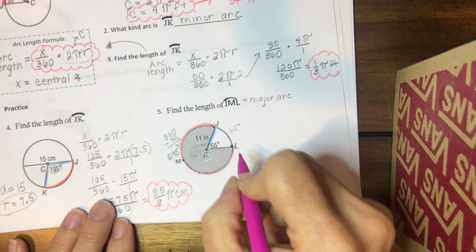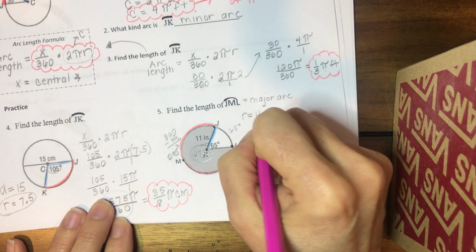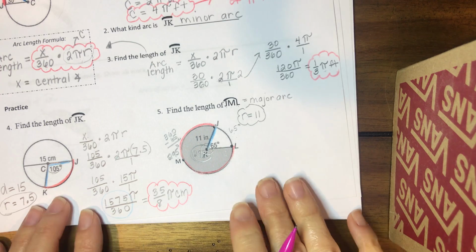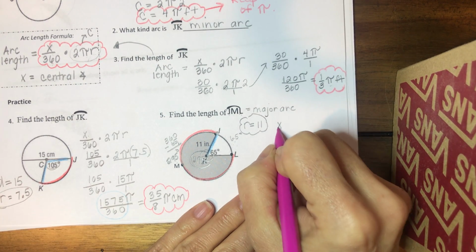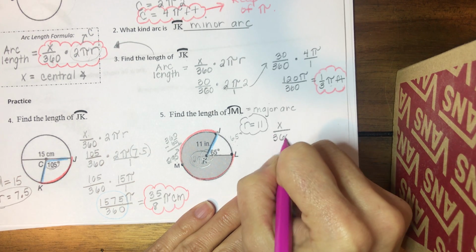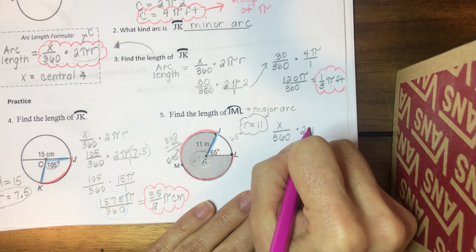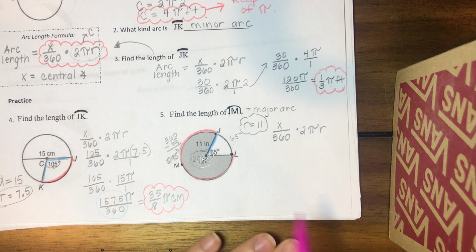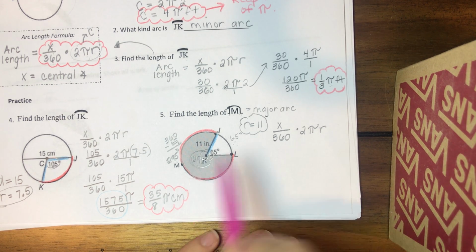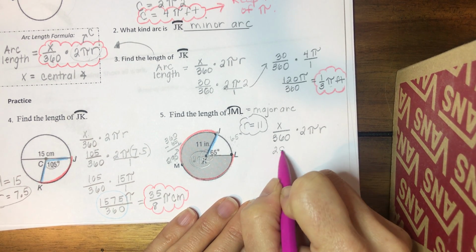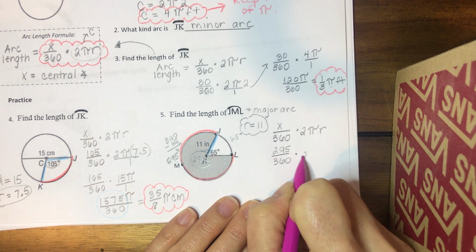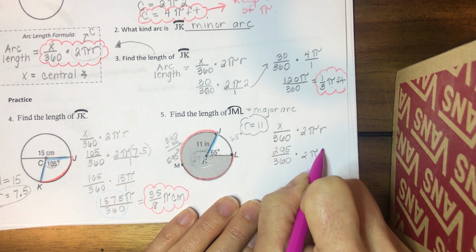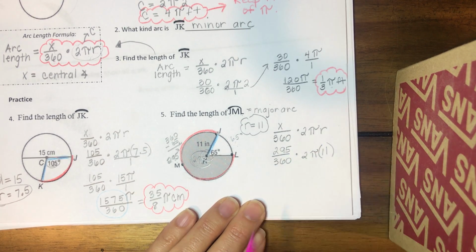All right, so I'm going to jot down that my radius is 11, and I know I'm going to need to use that. So let's use the arc length formula. X over 360 times 2 times pi times our radius. X in this case is 295 over 360 times 2 times pi times 11.